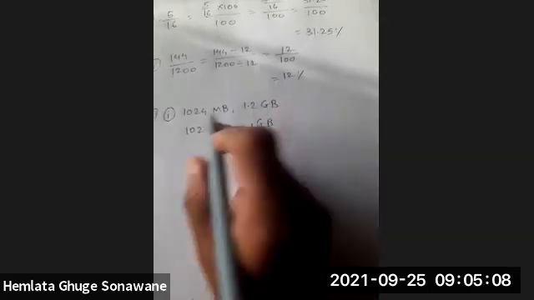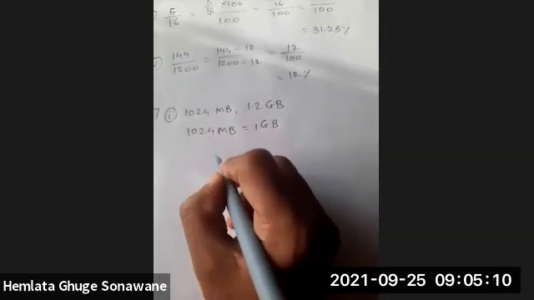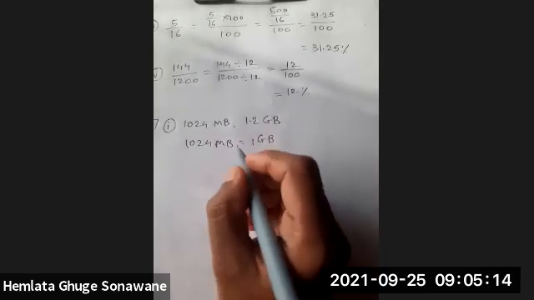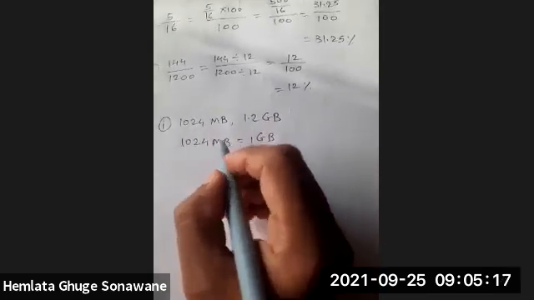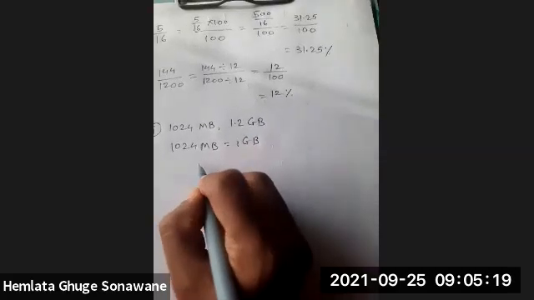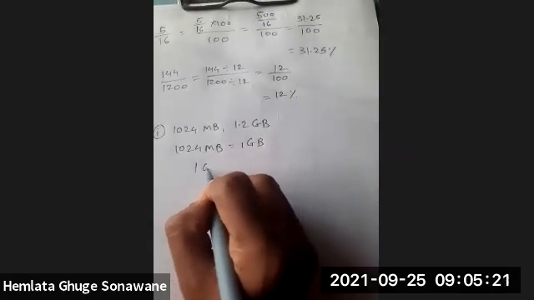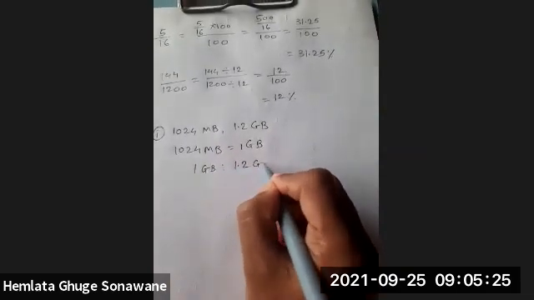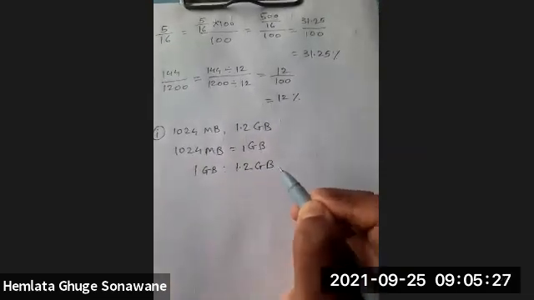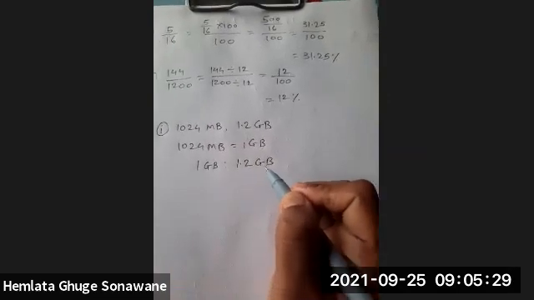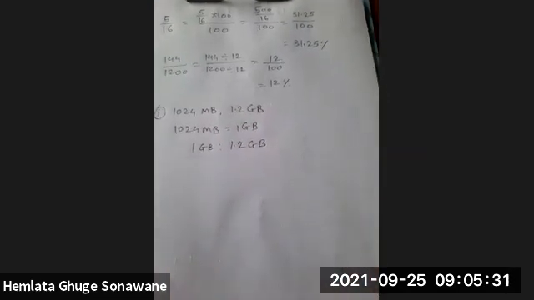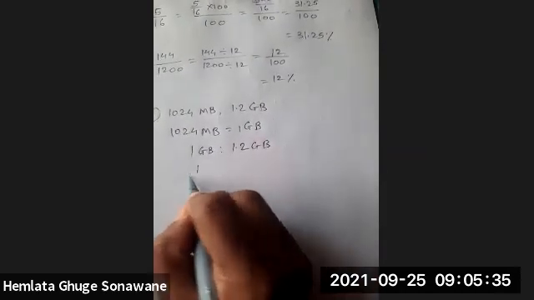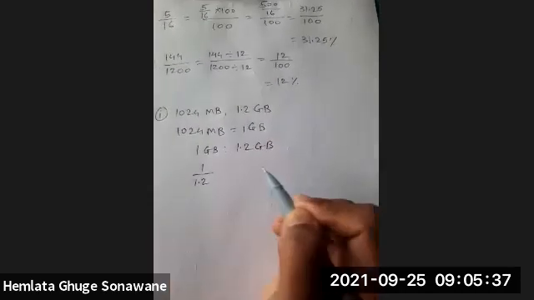So how we'll write down this ratio? This ratio will be 1 GB to 1.2 GB. That is 1 upon 1.2.